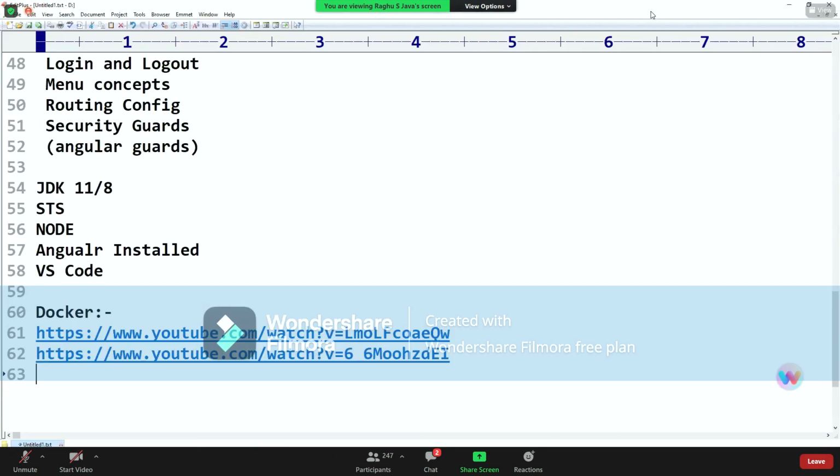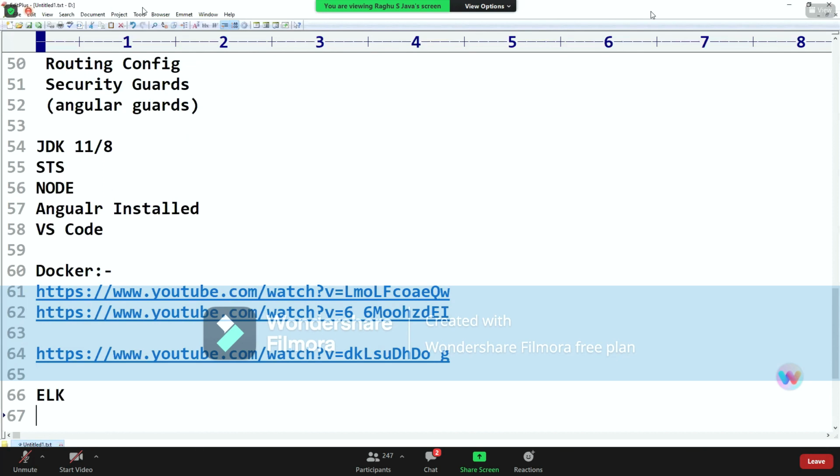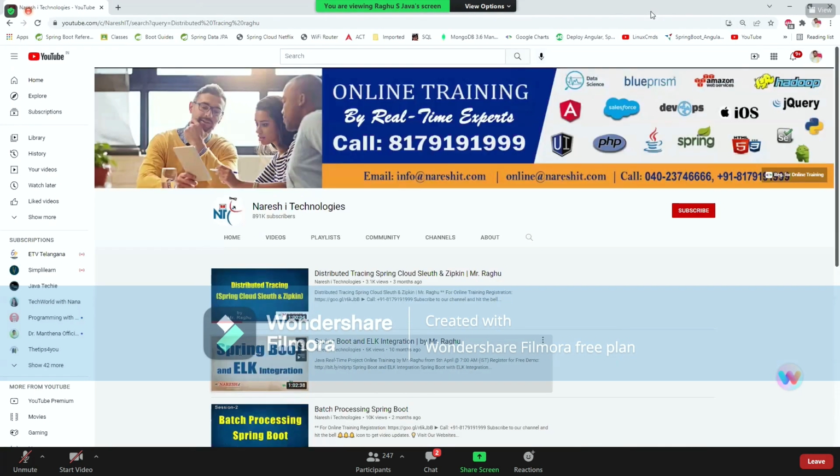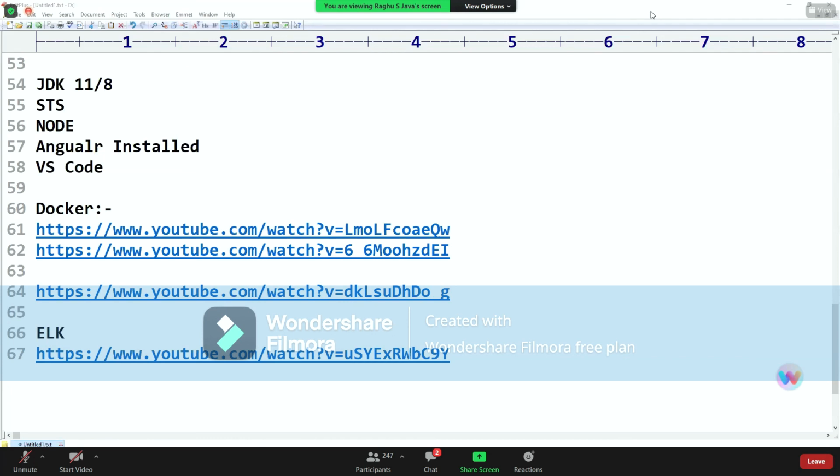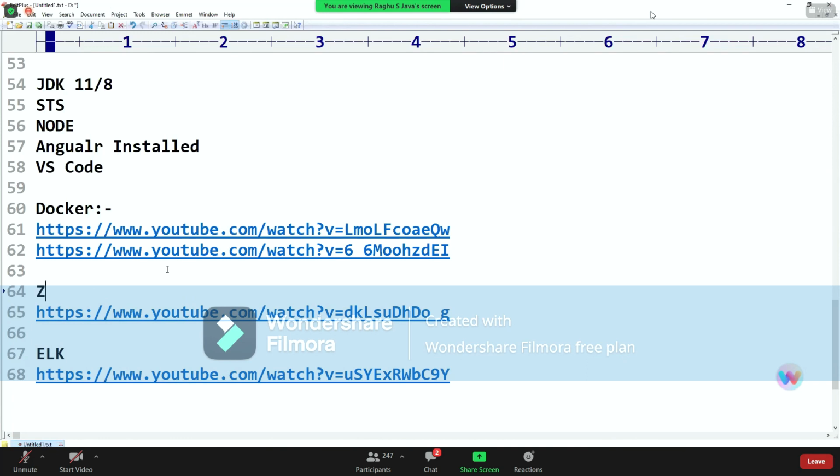These are some additional tools they will ask in interviews. I recommend that if you learn them, it will be good. Generally, you have to learn them in courses. This is Zipkin and Sleuth.